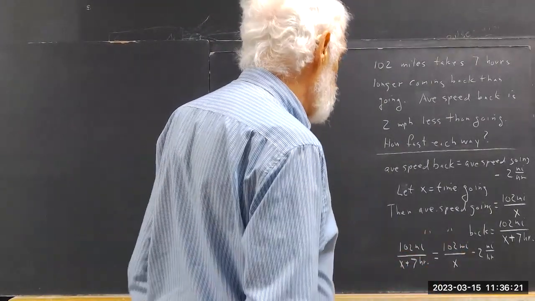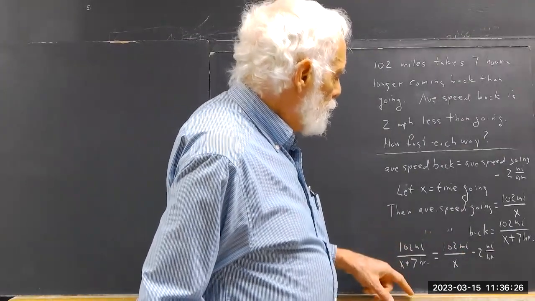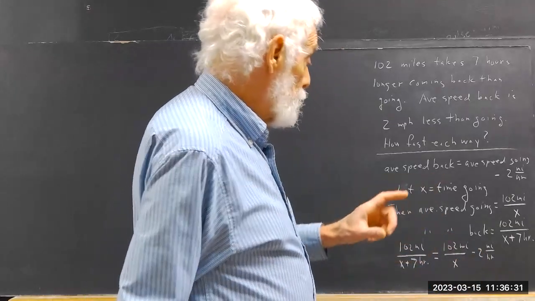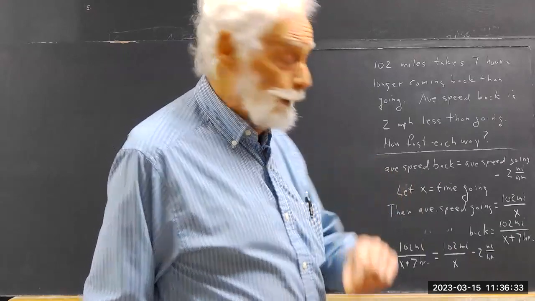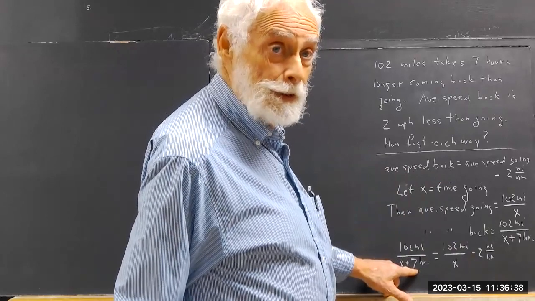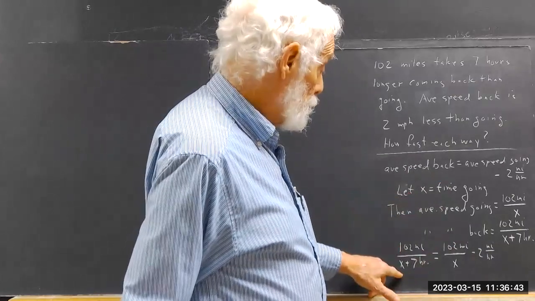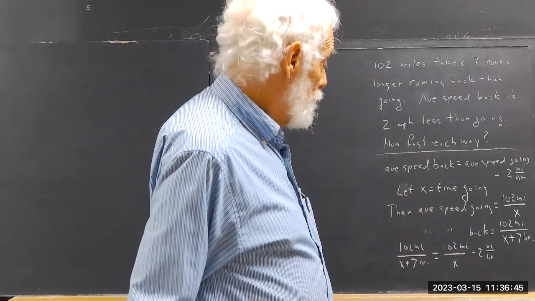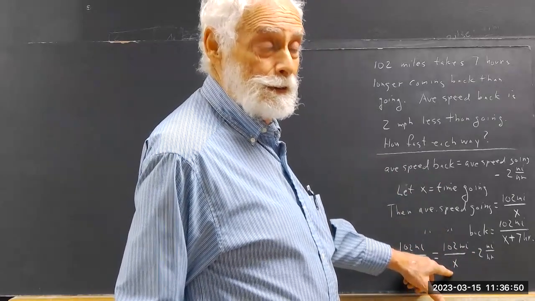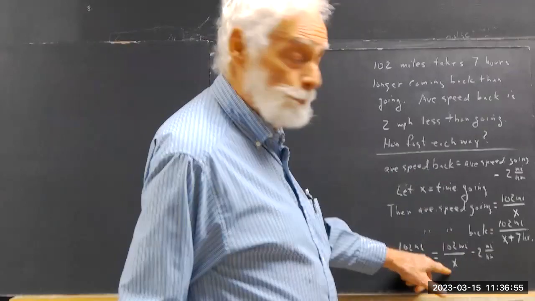Then we solve this. When we solve it, we don't want to write the miles and the hours, but let's make sure that those units work. This will have units of miles over hours because the 7 is 7 hours, and X is time, so X is going to come out in hours. And here you've got miles over X, where X is again your time, so this is miles per hour.